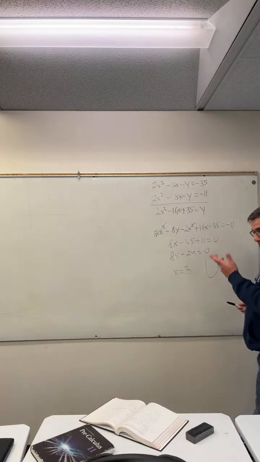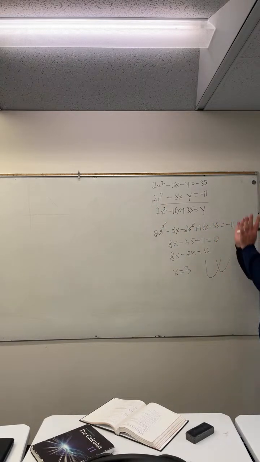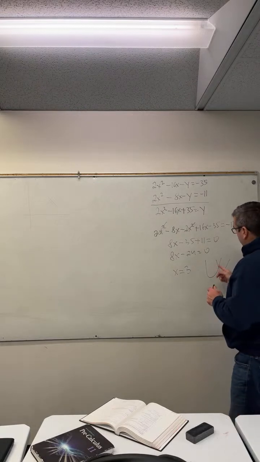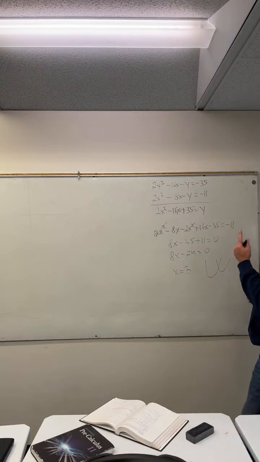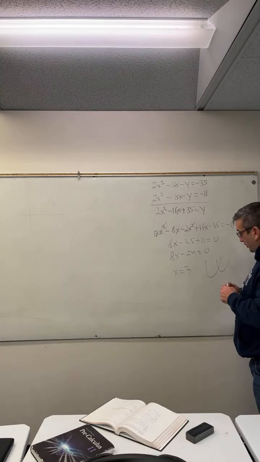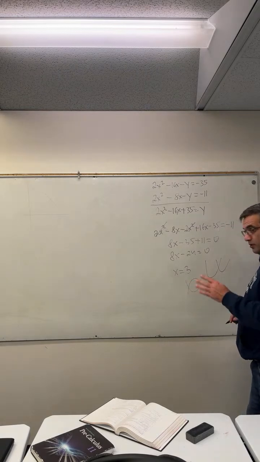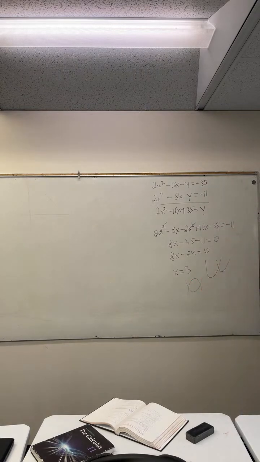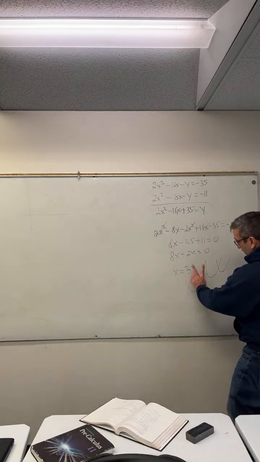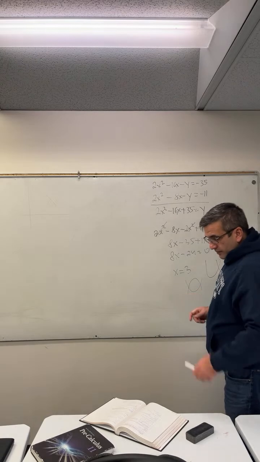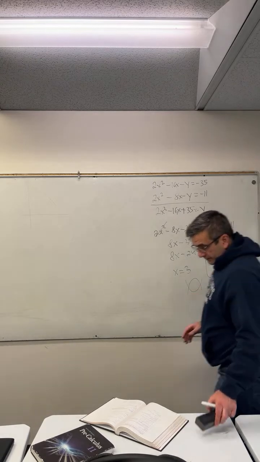It's positive, so it opens up. If they both open up, we can only have one point of intersection. If one opens down and one opens up, we can possibly have 2 points, maximum 2 points. All good?